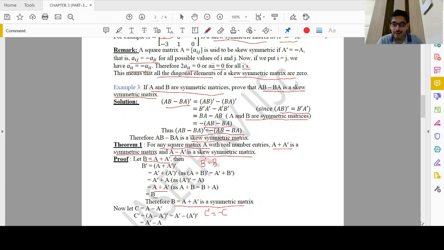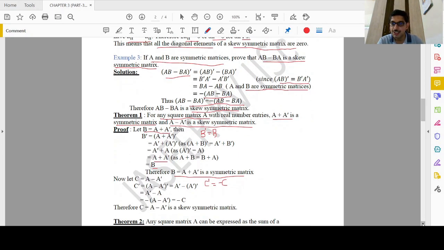Now to prove that A minus A dash is skew symmetric, let C equal A minus A dash. We want to prove that C dash equals minus C. Using the same arguments as in B, we can write C dash, that is (A minus A dash) whole dash, which is the same as A dash minus (A dash) whole dash, taking the transpose individually.